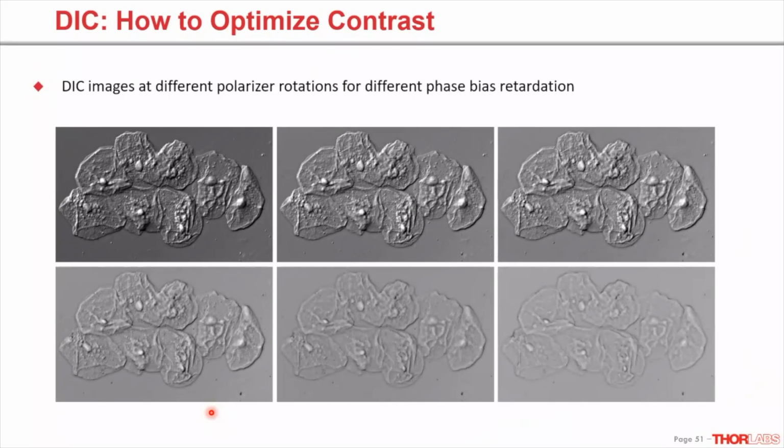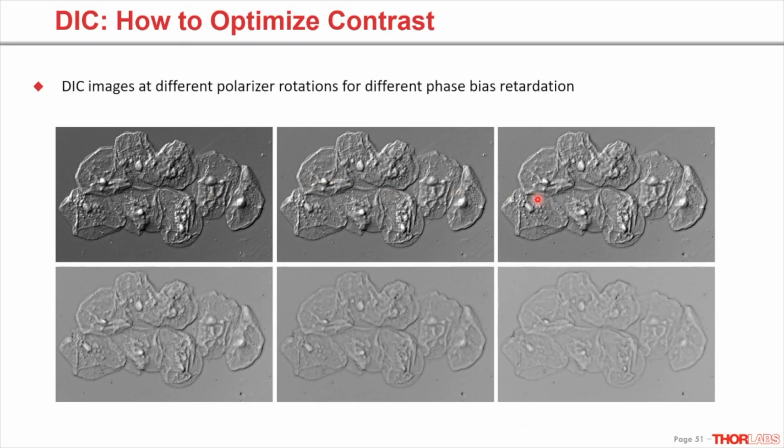Here are images of what going through that polarizer rotation would look like. Here's a very small percentage of change in wavelength. Useful ranges for bias retardation are often between about 1/13 and a quarter wavelength.